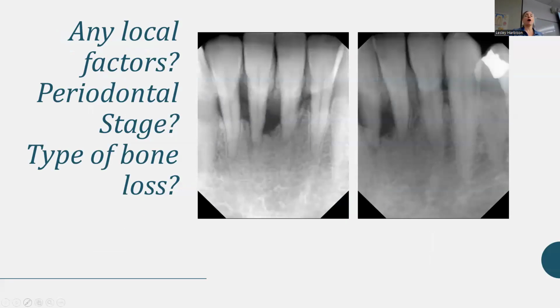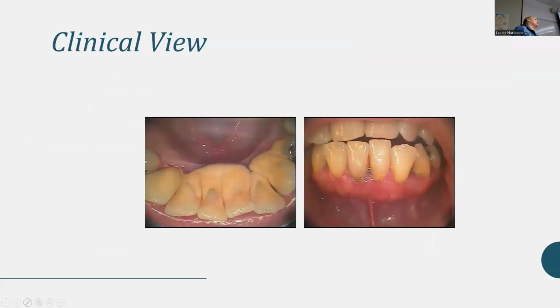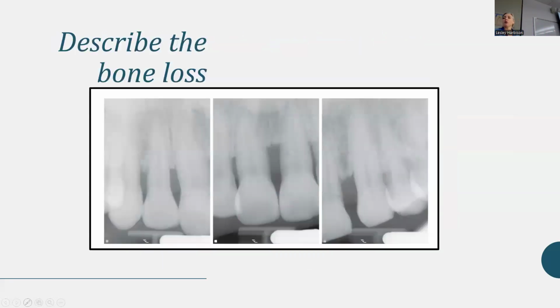Like you can be like, that's a 4. But in general, I just give you a wider range, like I'm like 3 or 4. So but what about this one? Describe the bone loss here. So describe it in a bone loss pattern, horizontal, and then probably somewhere in a stage 3, 4. Yeah.